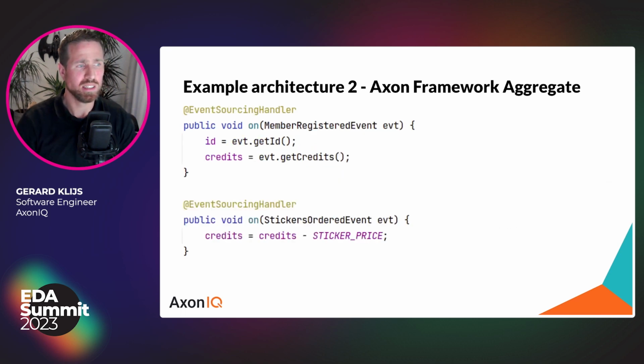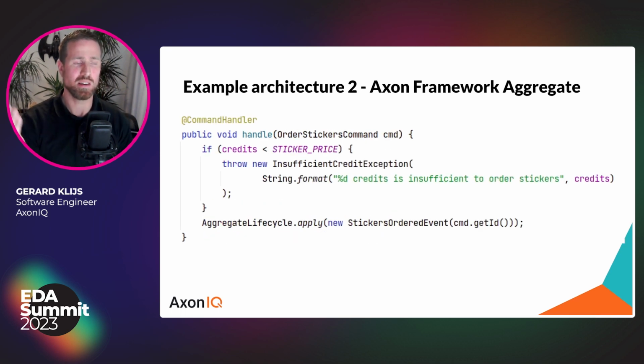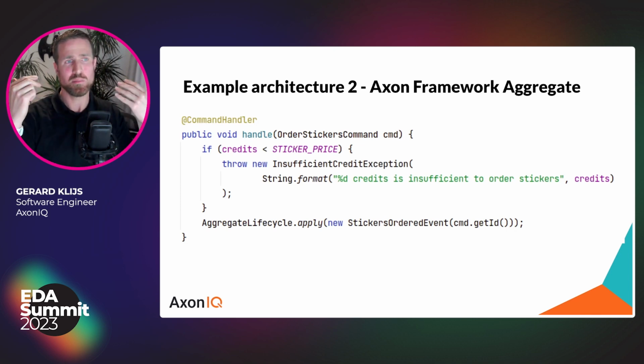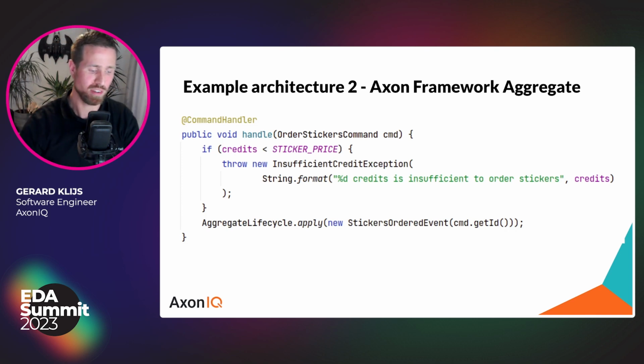And then it will actually, if it happens that you're just scaling up or down, and both two applications still get the same command for the same aggregate, then only one of those will succeed and the other one will fail.